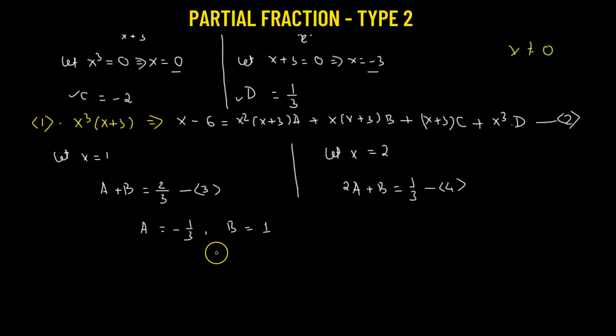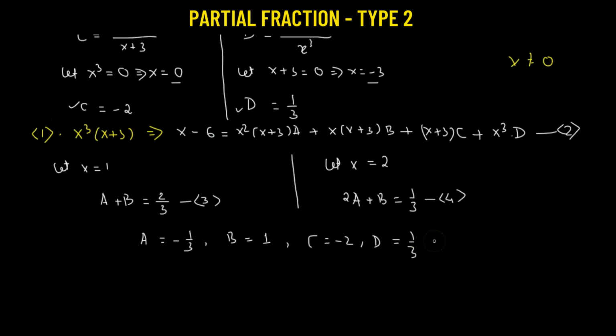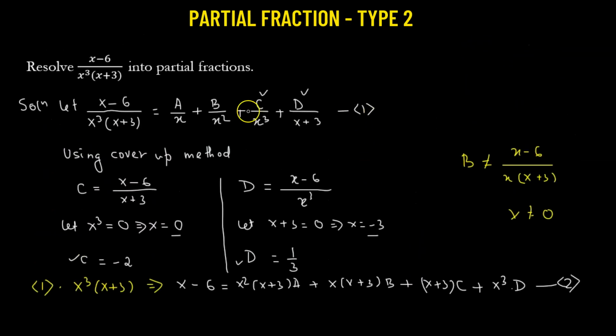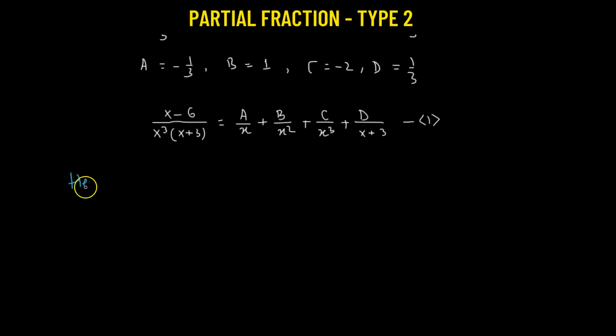Now we have all the values: a and b, and c we have already obtained, that's negative 2, and d, that's 1 over 3. We can substitute all these 4 values back in equation number 1 to get the final result. Now let's do that. Hence, we get x minus 6 divided by x cubed multiplied to x plus 3.